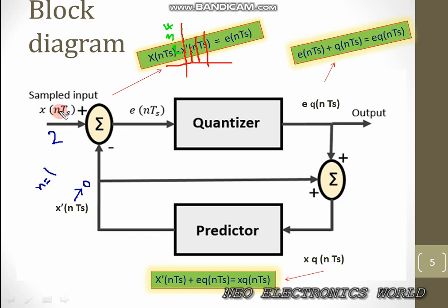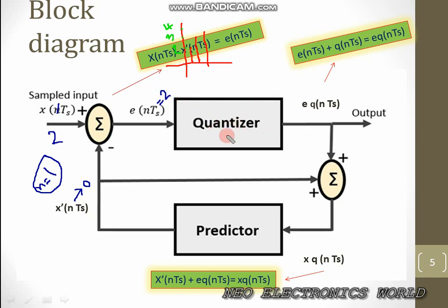So x of 1TS will be coming. We have to consider n is equal to 1, and E of NTS, the error signal, is equal to 2 minus 0, which equals 2. It's simple.